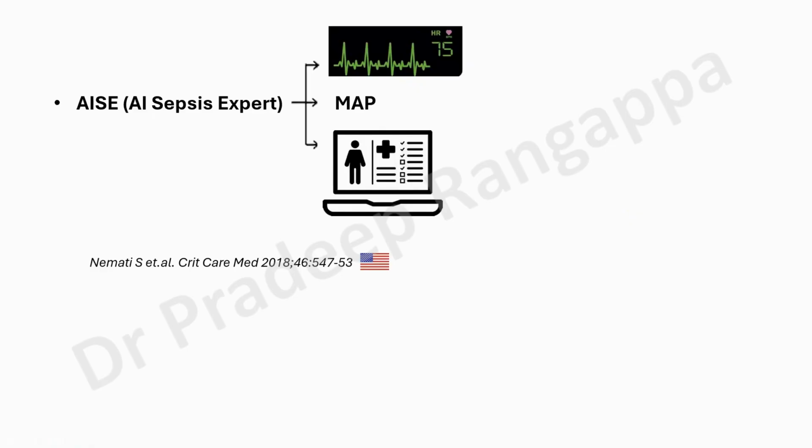Similarly, in AI they are creating algorithms so that all variables are captured and some sense is made of the data. Here in ICE expert, they're capturing the heart rate, the mean arterial pressure, and all the electronic medical record data, which could include the history and the investigations, and so on. Basically, capture all the data and try to make sense of it.